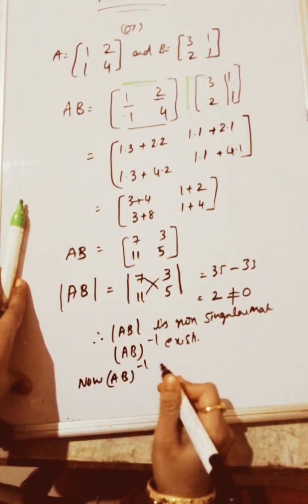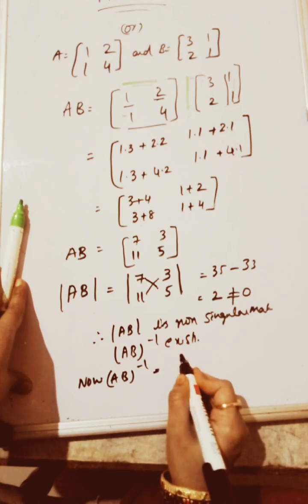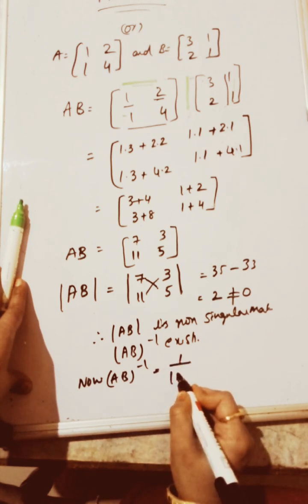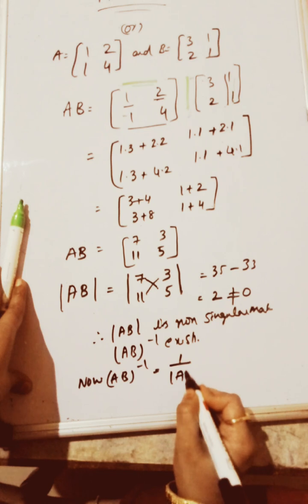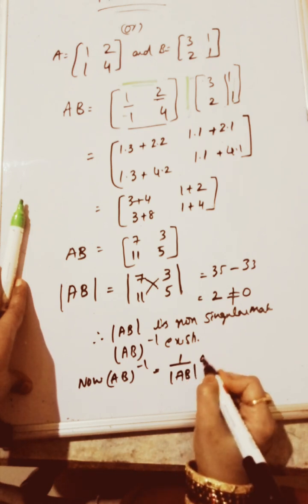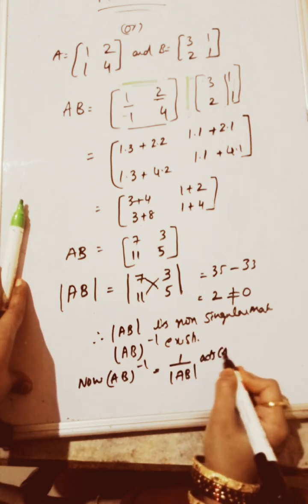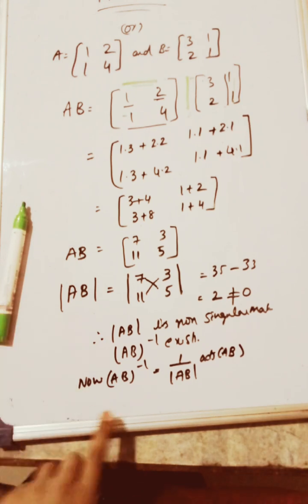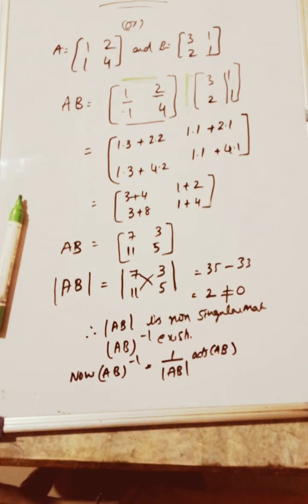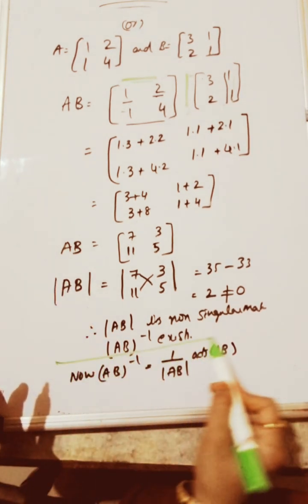Now AB inverse is equal to 1 by determinant of AB into adjoint of AB. You have to remember this.